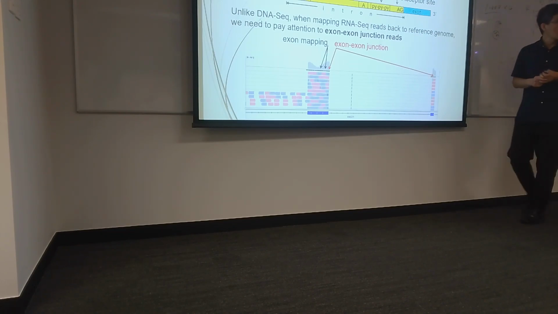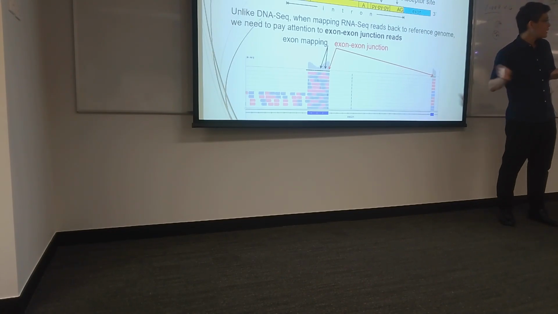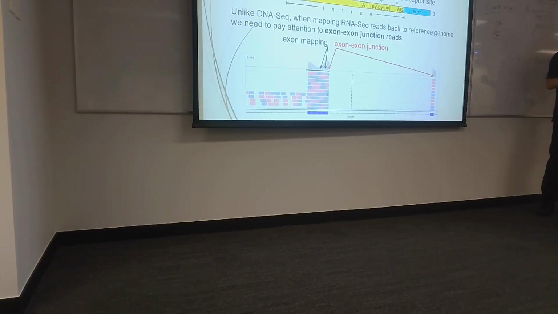But here, as a data scientist, if you want to understand the data, you need to understand the logic behind it. In RNA sequencing, the alignment step is more complicated than in DNA sequencing. For DNA, we know it's simply a one-dimension sequence, right? You just easily find the location of each read, then you're done, right?